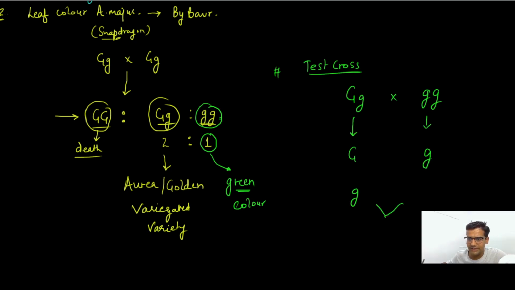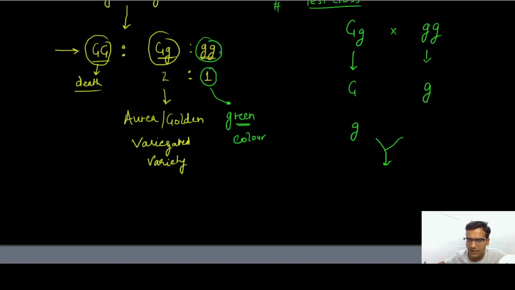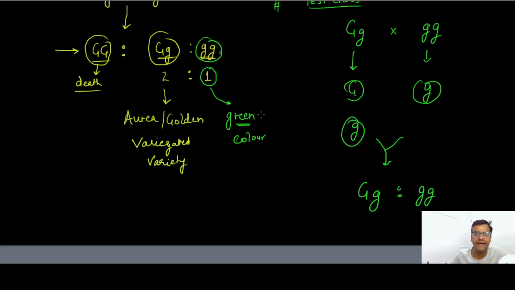If we combine these different kinds of gametes, the result should be capital G small g, and the other form should be small g small g. So basically we don't get any capital G, the dominant form, in the cross. So all the plants will be either Aurea variety or green variety, and the ratio of these would be 1 is to 1.